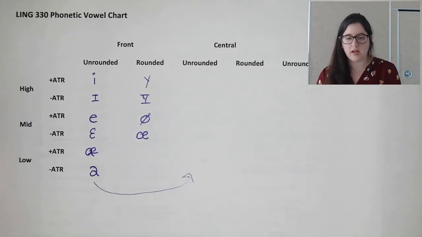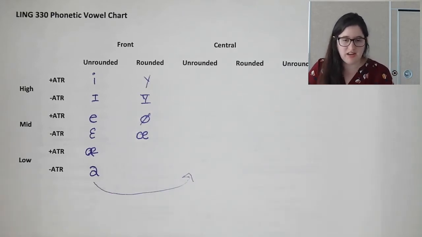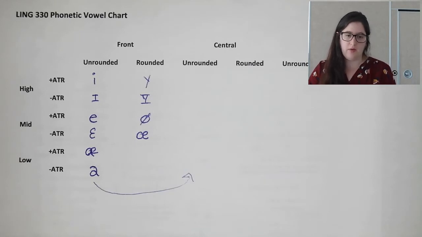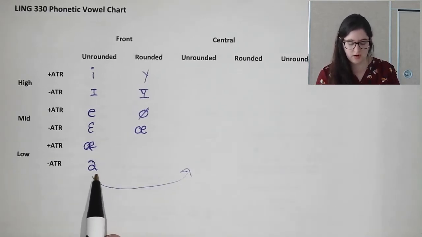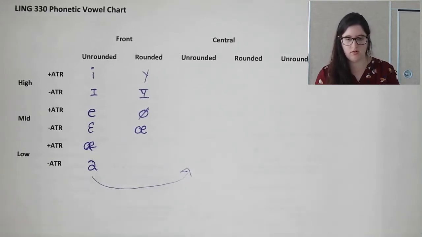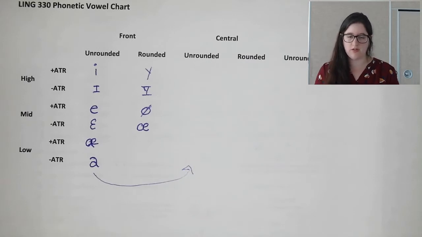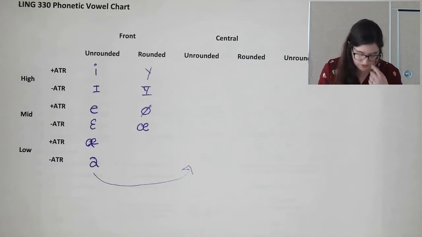And in reality, when we make the ah vowel in English, it is fairly central. Your tongue's just kind of right in the middle of your mouth, but there's not a separate symbol for that. So this can represent either the front vowel or the central vowel. There's not a huge amount of difference between them.